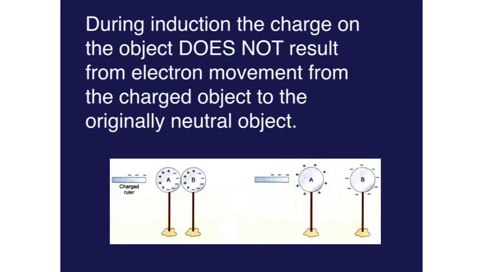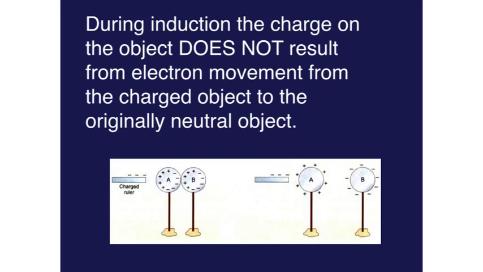During induction, it's important to remember that the object does not get a charge as a result of having the charge come in from this item here, which is causing the effect. Okay, so these two spheres here, the same situation is going to occur. We have a charged ruler that has a negative charge.